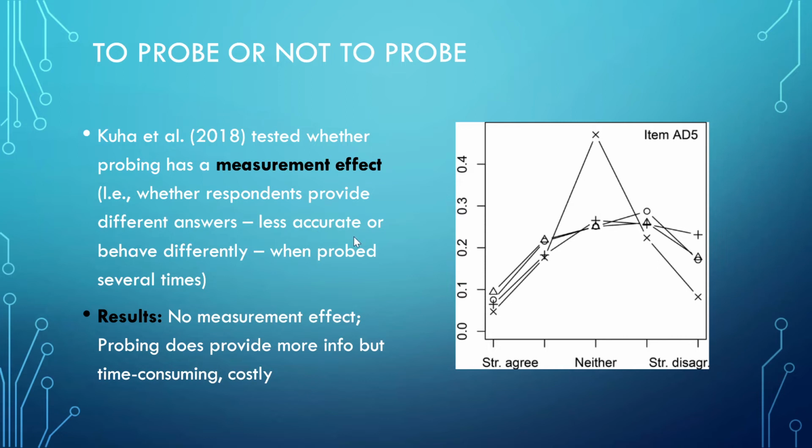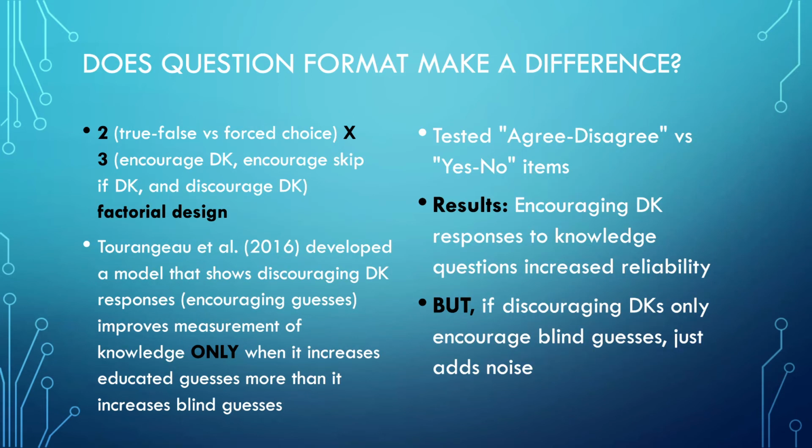Now, another study, Trunk and colleagues developed a model that shows that discouraging DK responses, in other words, encouraging guesses, improves the measurement of knowledge, but only when it increases educated guesses more than increases blind guesses. Let's look at that a little bit more. Now, their study was a 2x3 factorial design. They used science questions as the topic, evolution-based, and they also randomized the order of the correct answer.